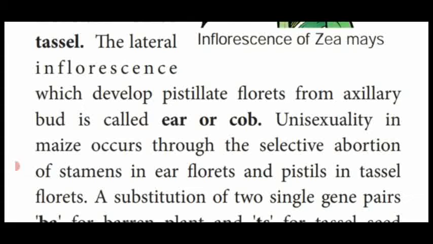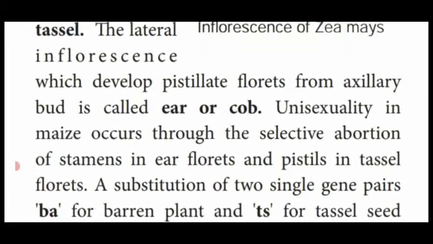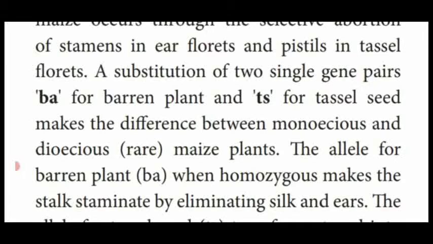This selective abortion is cured by the substitution of genes. Substitution of genes means adding genes to avoid the selective abortion in both male inflorescence and female inflorescence. The substitution of 2 single gene pairs is named Ba for barren plant and Ts for tassel seed.